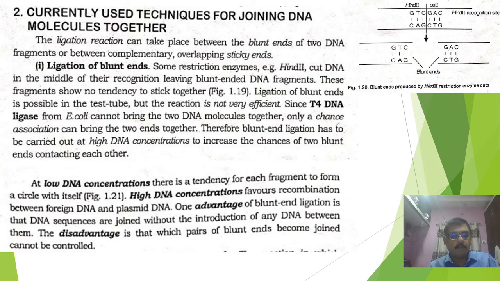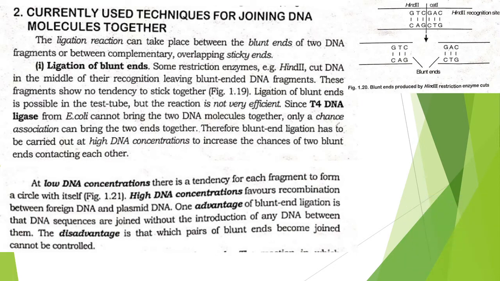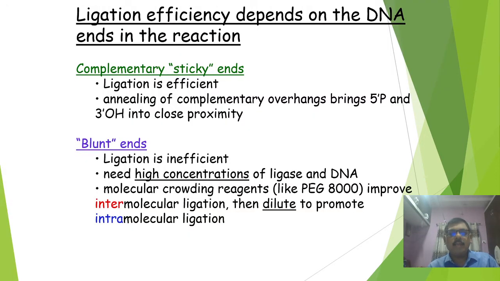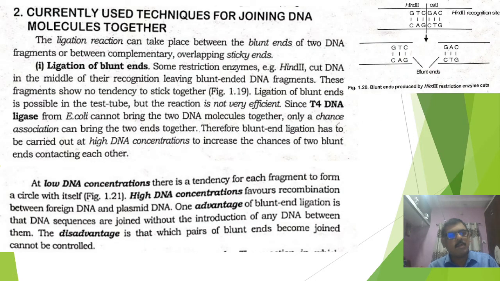So now, what are the techniques which are useful for joining DNA molecules together? The first one is the ligation of the blunt end, which we have already discussed. The ligation of the sticky end is very efficient, and annealing occurs between the complementary overhangs, which brings the 5' phosphate and 3' OH into close proximity.